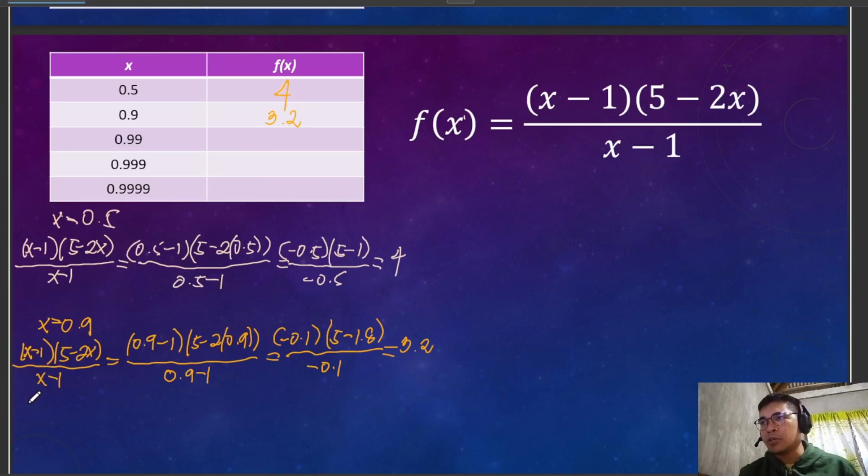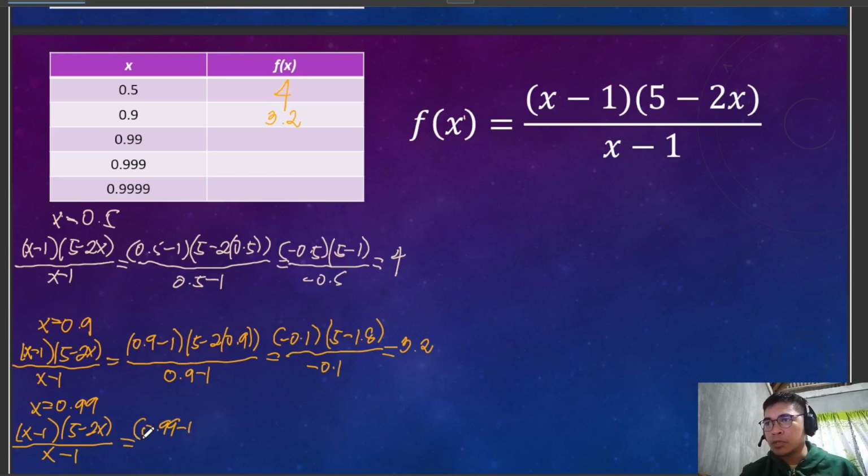And then x is equal to 0.99. So x minus 1 times 5 minus 2x all over x minus 1. So 0.99 minus 1 times 5 minus 2 times 0.99 all over 0.99 minus 1. Now what is 0.99 minus 1? This is equivalent to negative 0.01.